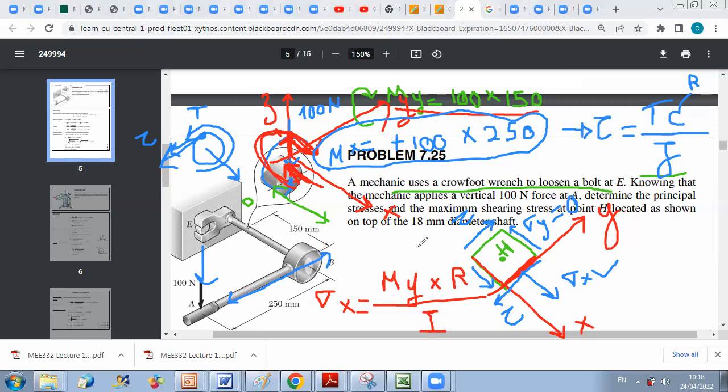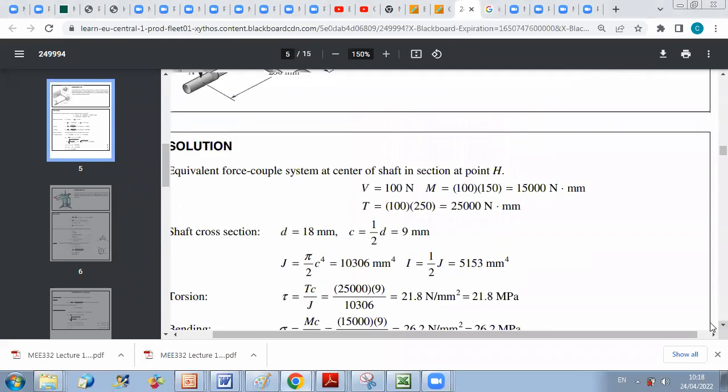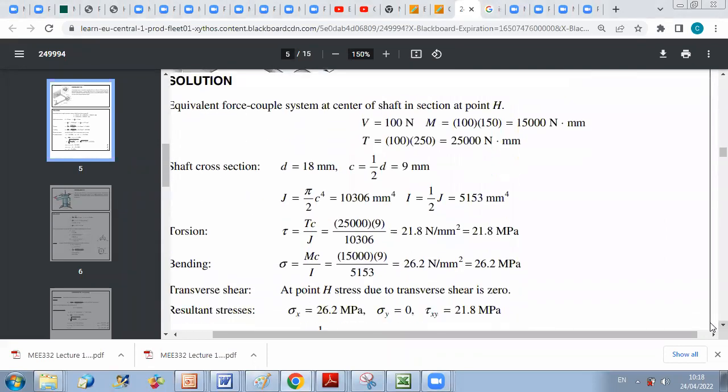from just applying formulas. Okay, so let us go again over the details. The first step will be to determine the equivalent action of this force at the section at point H. We have a shear of 100 Newton, as we said.